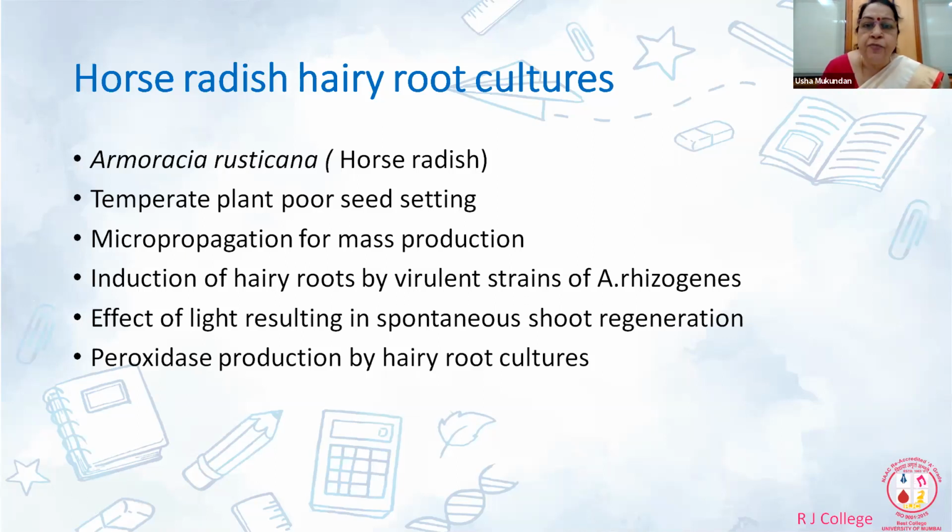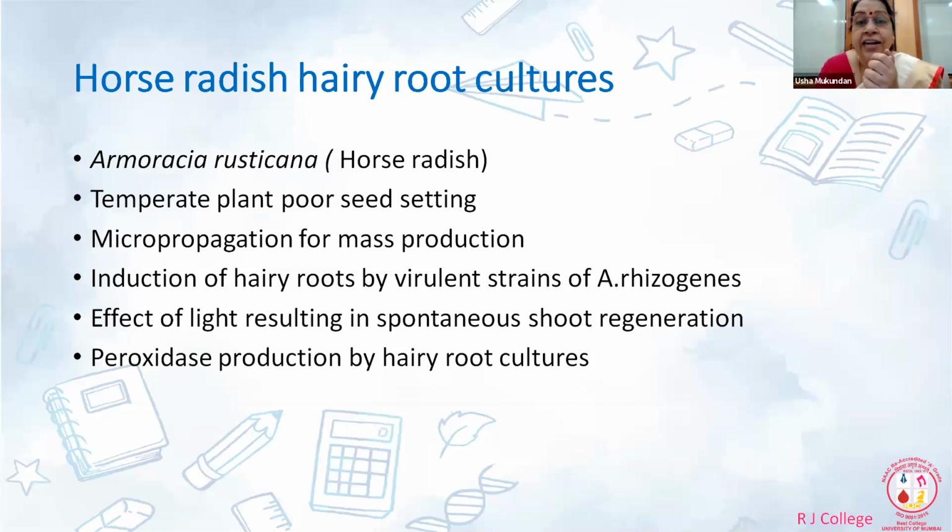See, when you do experiments, from one experiment another experiment comes. So initially when we were growing these roots, we found that all these roots started producing small shoots. That means there was spontaneous regeneration. And we were wondering, we never wanted the shoots, we wanted only the roots to be grown.